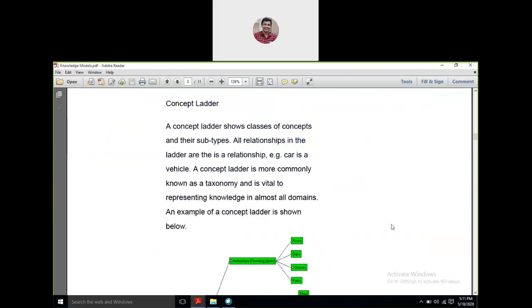So here we come to what a concept ladder is. In a concept ladder we generally have the subclasses of information. All the relationships in the ladder are in a relationship format, like a car is a vehicle. A concept ladder is more commonly known as taxonomy-based.